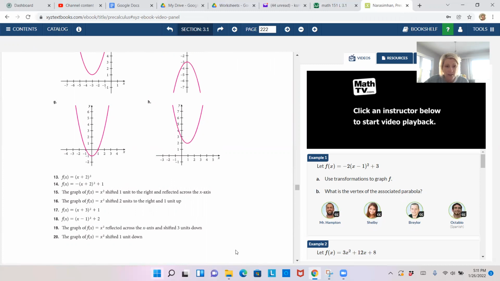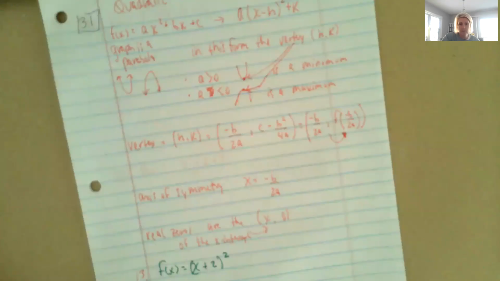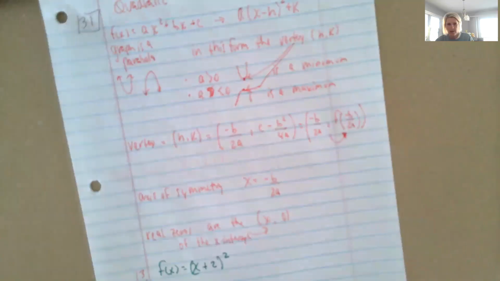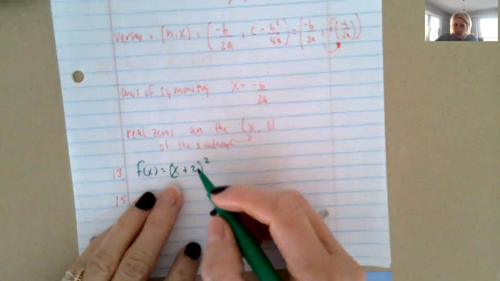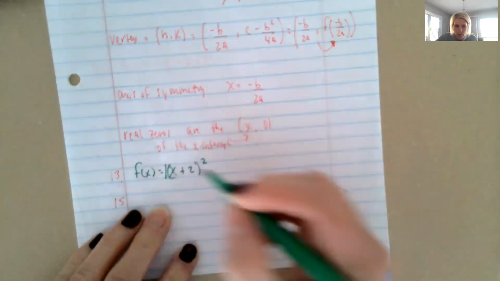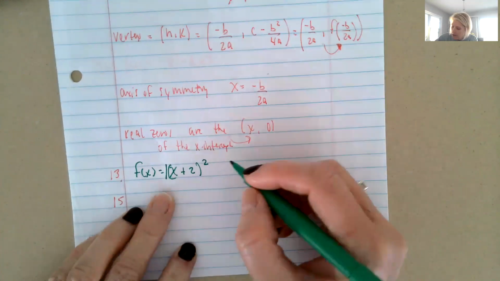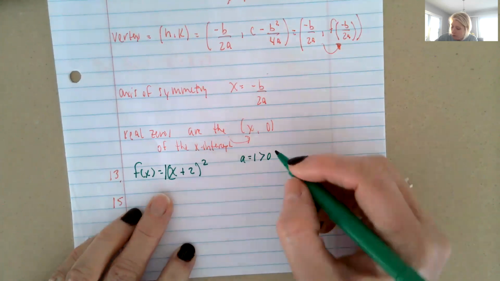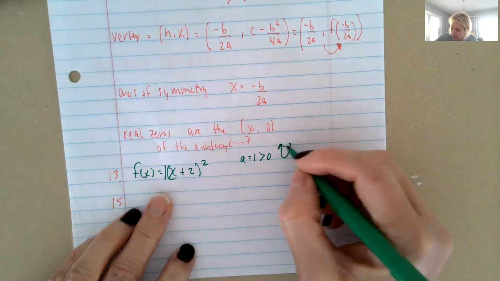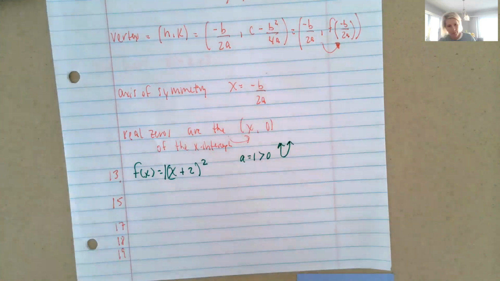So I'm going to share my paper, because it's just fun. Okay, these are just some of my notes of what we're going to work on today. So you can see here that a is an unsaid 1 out here. And so a equals 1, and it's bigger than 0. So we know automatically it's going to be face up.